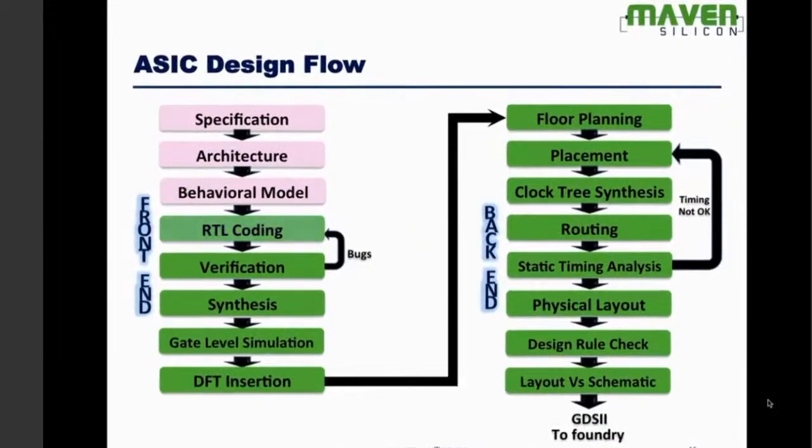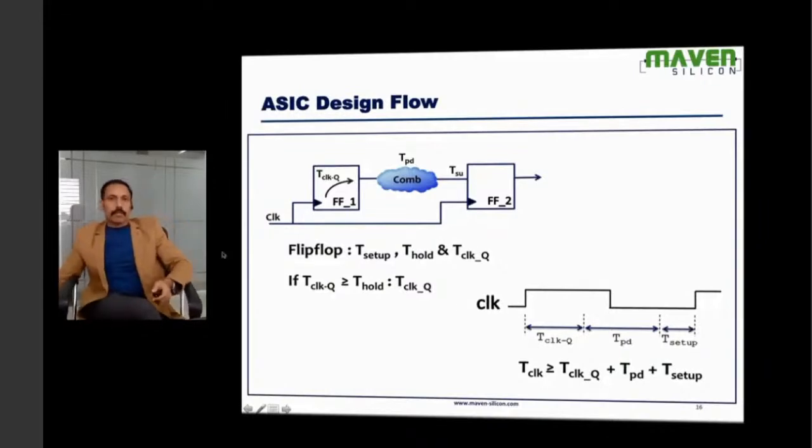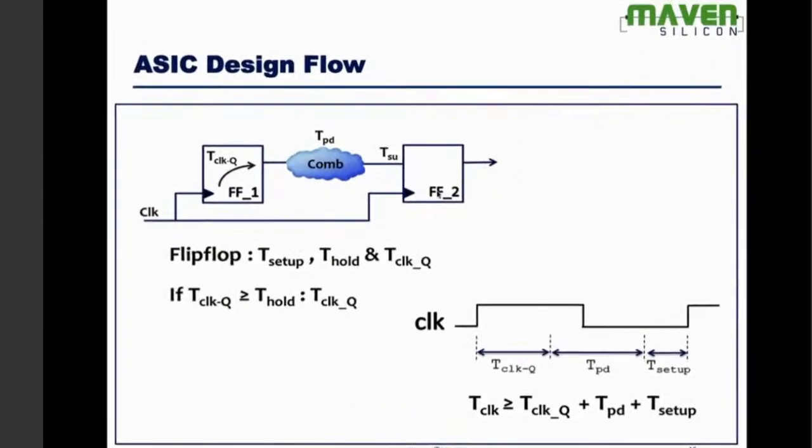Now let's look at RTL coding. RTL is nothing but register transfer level. This is how the structure would look like. It has flip-flop, combinational logic, and flip-flop. And this is how the data flow happens, register to register. That's why it's called register transfer level.